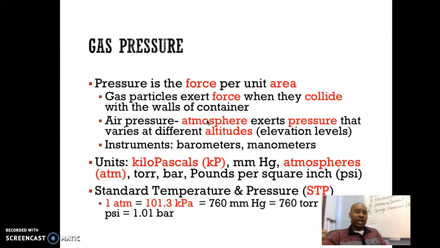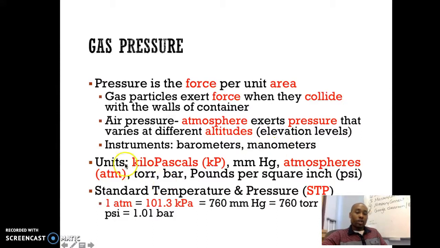That has to do with the fact that there's less air pressure the higher up the airplane is. Or if you've ever gone hiking in the mountains, the higher up you go, the less air pressure there is. And there are some instruments that are used to measure air pressure, such as barometers and manometers.